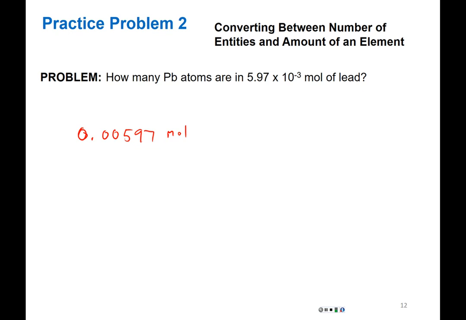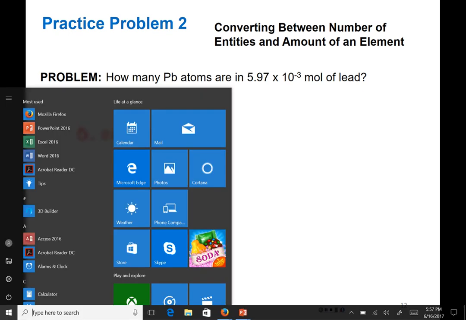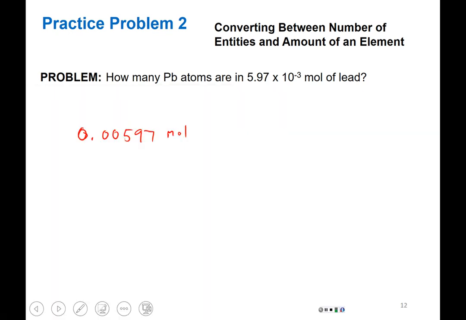And we're trying to find atoms of lead. Right? So this is when we're converting from amount to number of entities. So we need to use Avogadro's number. Let's just write down Avogadro's number, 6.022 times 10 to the 23rd, in the units of atoms per mole.